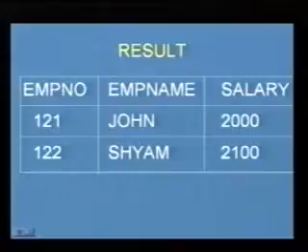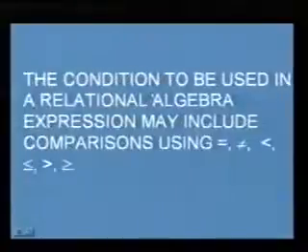The result will contain the tuples which correspond to the condition salary greater than or equal to 2000. As we know that in the EMP relation there are only two employees, John and Sham, who have the salary greater than or equal to 2000. Therefore, the result contains only two tuples corresponding to them.